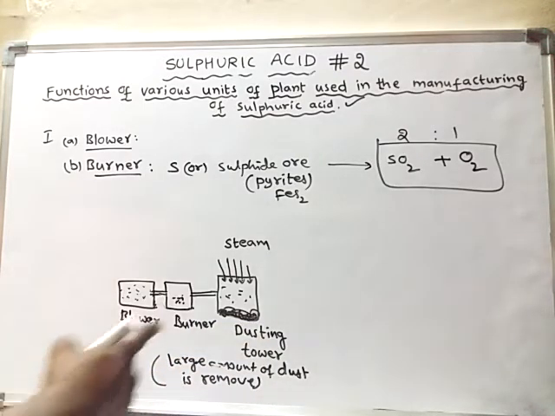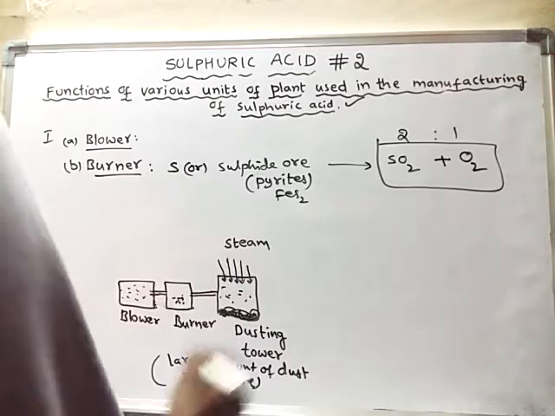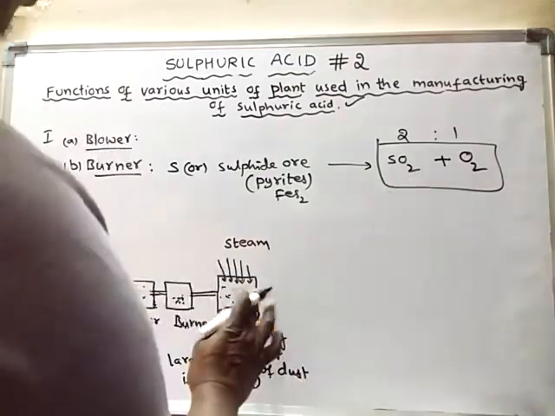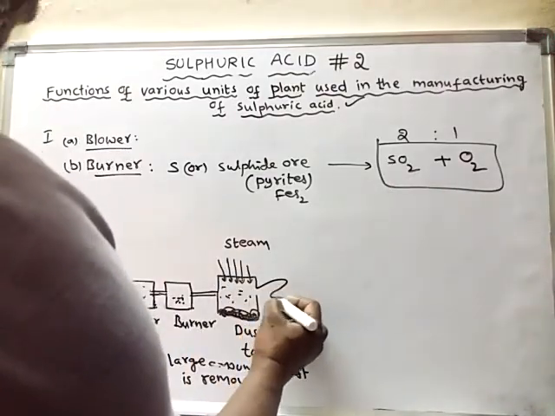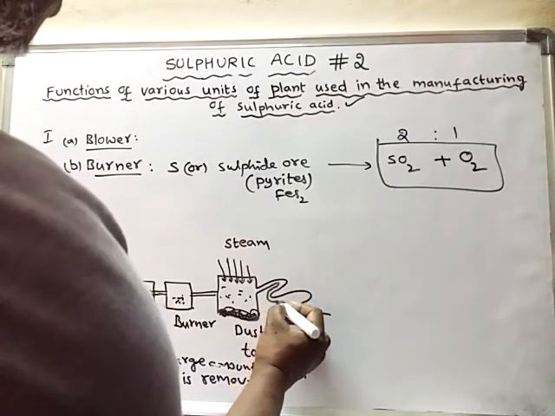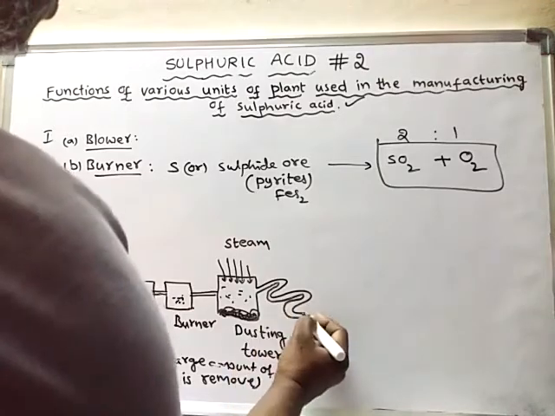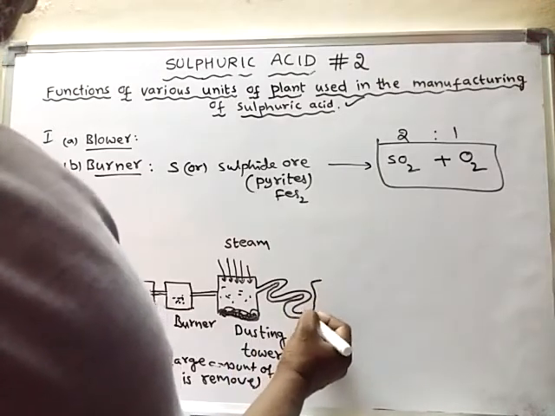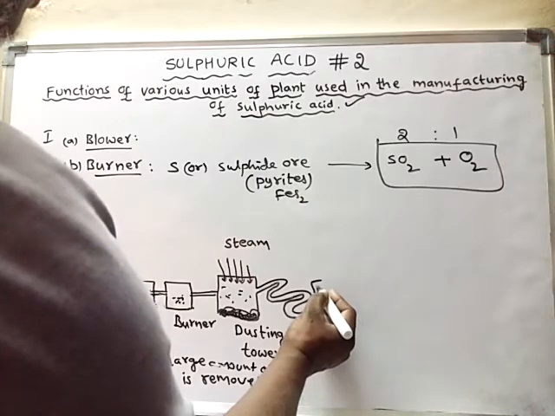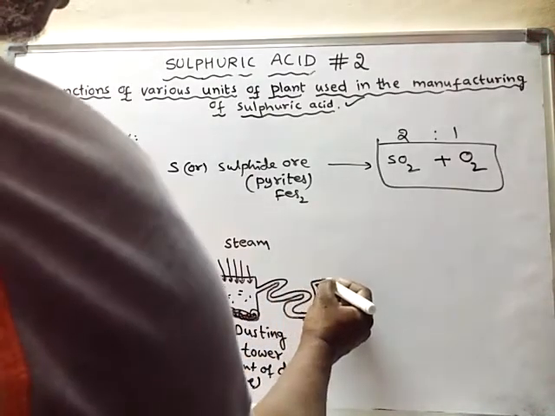Now from this dusting tower, the gaseous mixture is sent into cooling pipes. The cooling pipe is connected to another tower known as the scrubbing tower.